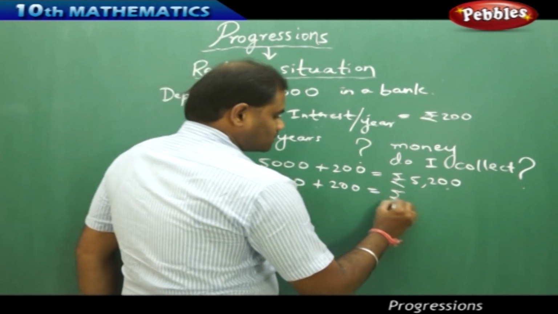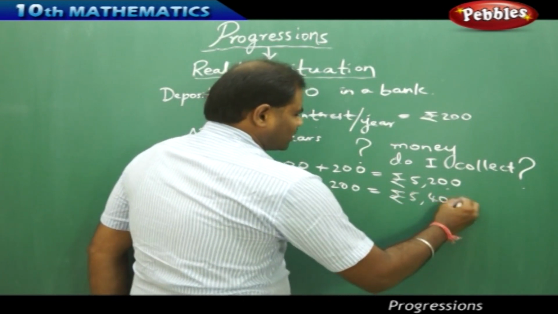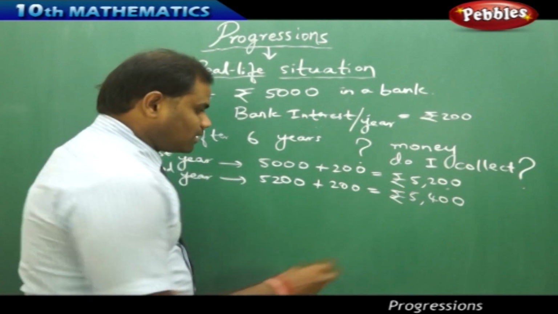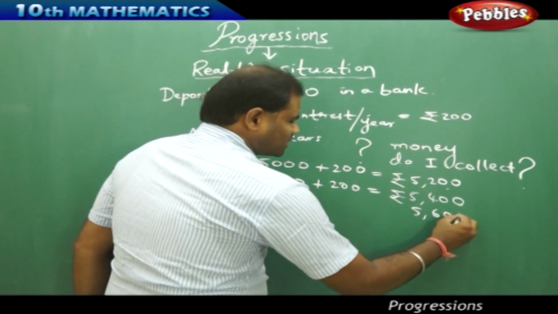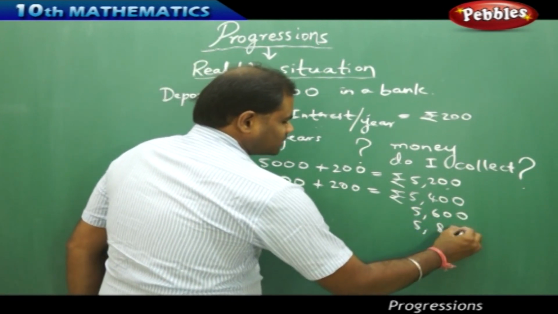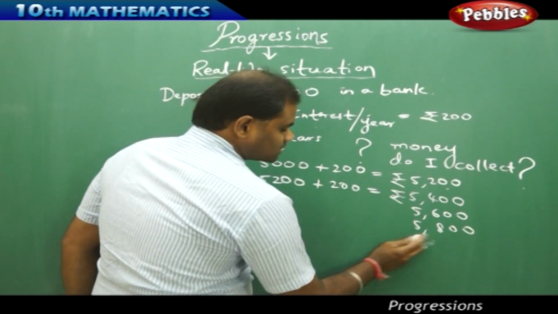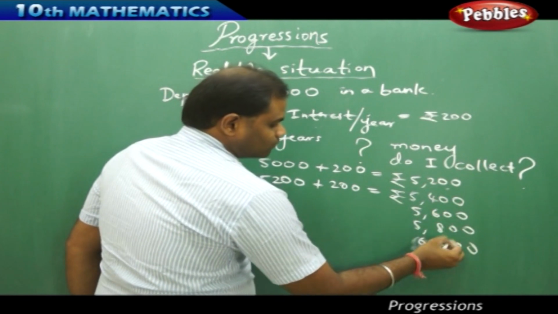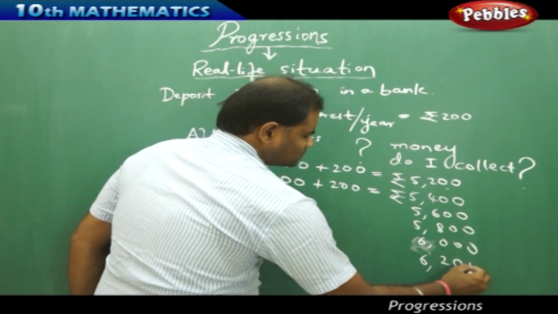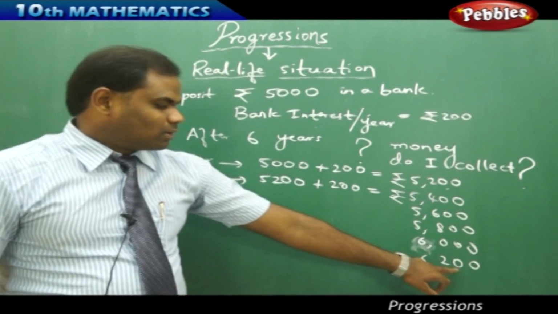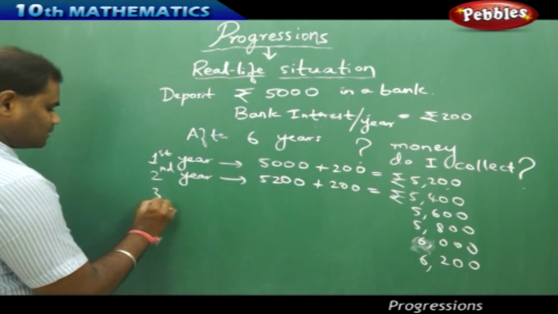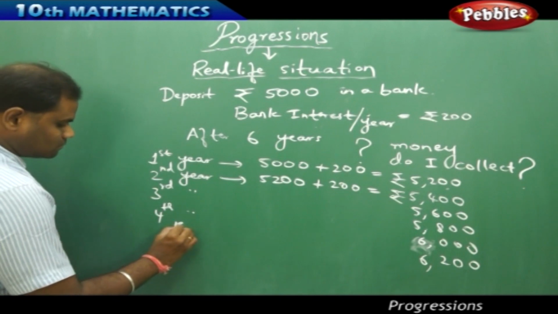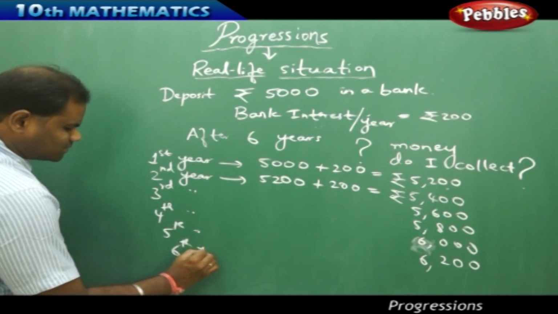So this gives me rupees 5,400. Again, in the third year, 200 is added to this. So I get 5,600, 5,800, 6,000, and 6,200 is the amount which finally collects, across the third year, fourth year, fifth year and sixth year.